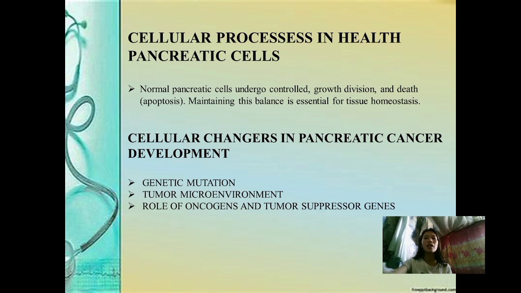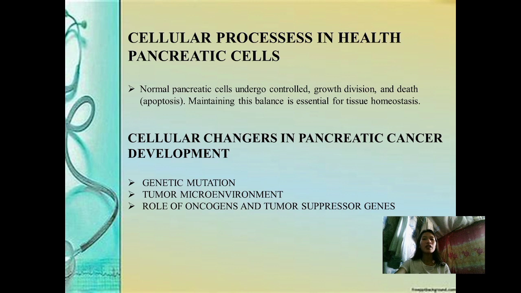The extracellular matrix, a network of molecules supporting tissue structure, can also be modified by cancer cells to create a favorable environment for their proliferation and invasion into surrounding tissues.